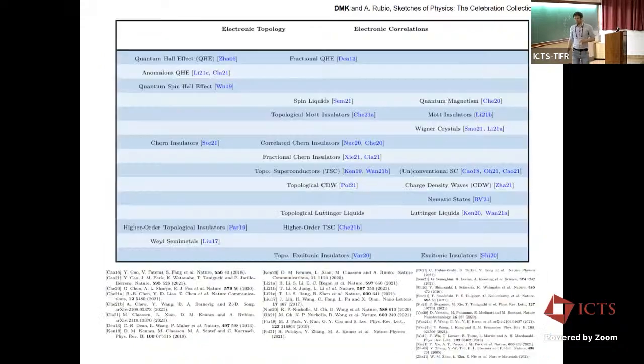All right, good. So with this I want to stop the introduction of this talk. I just want to end on a high note. We took a classification of phenomena of condensed matter research, and we classified them in terms of electronic topology or electronic correlations, or maybe the interplay of the two, giving rise to these phenomena. And I would wager a guess that most of you that do research in condensed matter physics would probably find yourselves somewhere in this table.